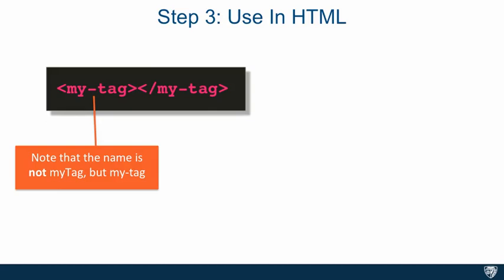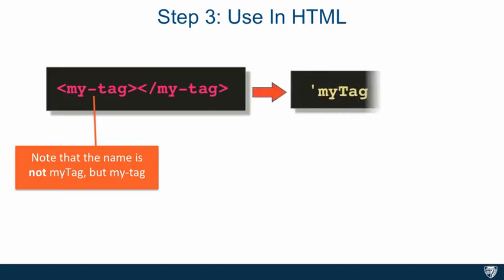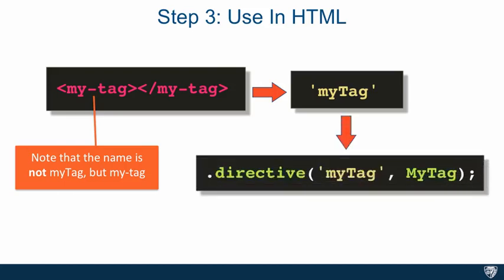It's basically a way to name something in programming where you take a number of words, concatenate them together, leaving the first word all lowercase with each subsequent word capitalized. So when AngularJS sees my-tag in our HTML, it will look for a directive that was registered with the name myTag with a T capitalized. And obviously, it will find our declaration of a directive called myTag with a T capitalized, thus connecting the two pieces together and providing the functionality that is defined in the myTag factory function.